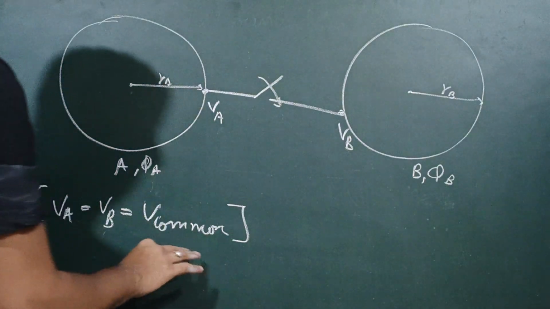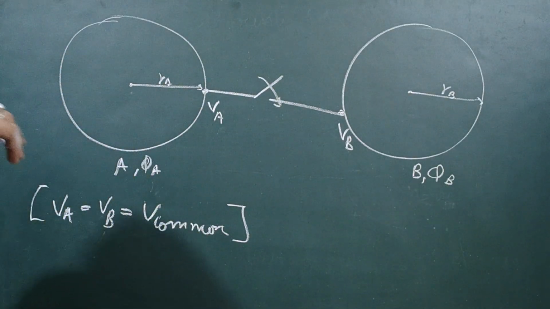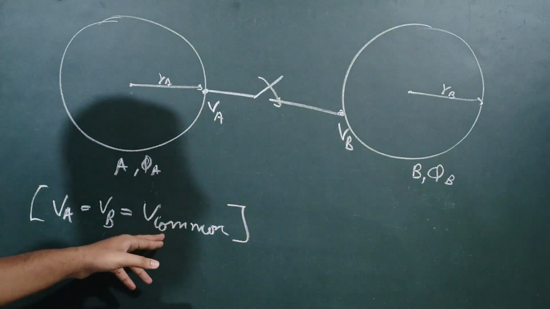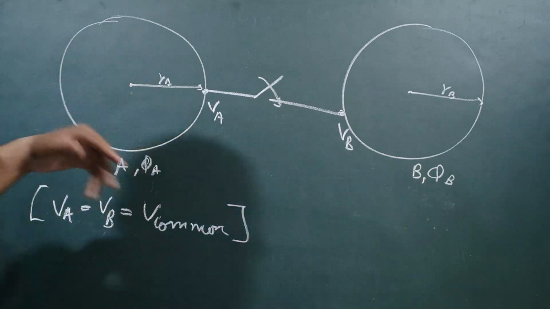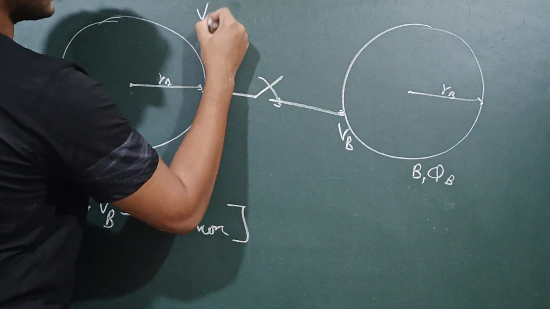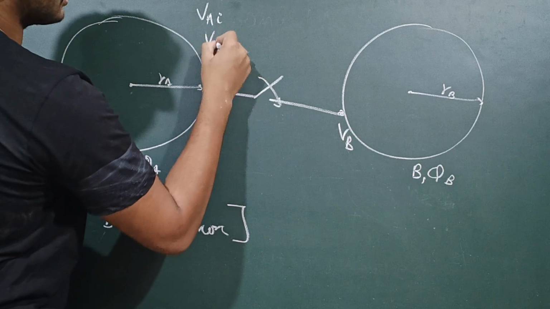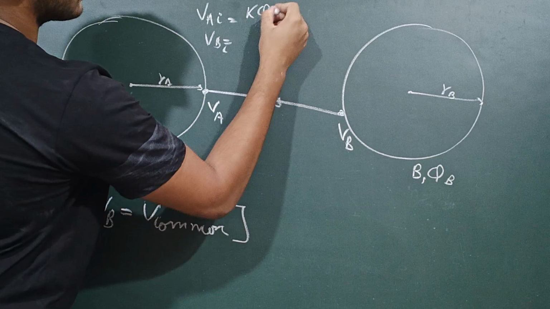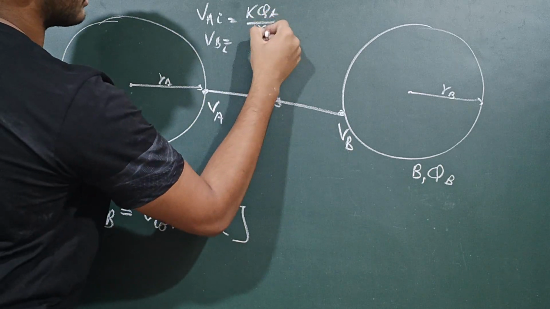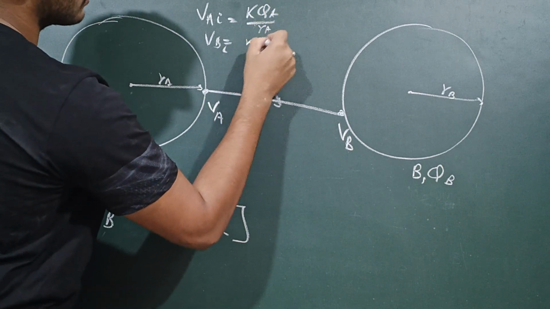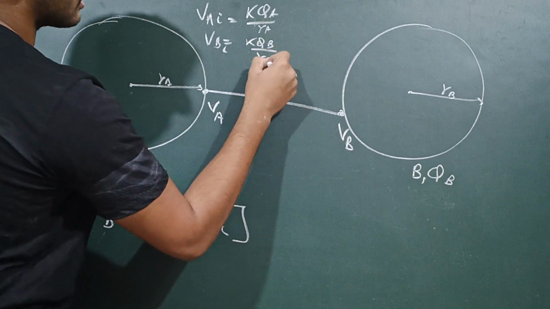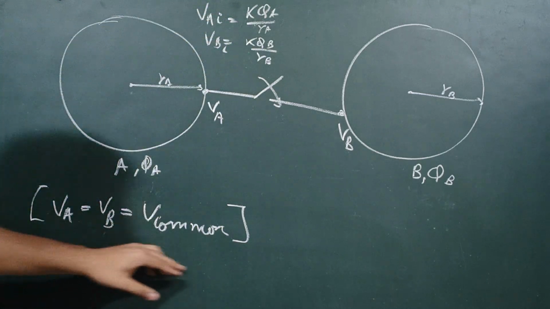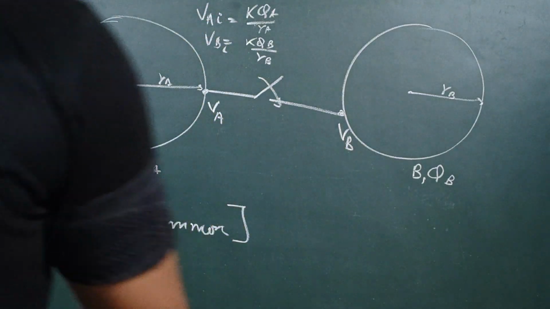The potential has changed for the whole system, but the potential will be the same. Let me write here the initial potentials: VA initial equals KQA by RA, VB initial equals KQB by RB. So this was their initial potential, and this is some V common, which we need to find.